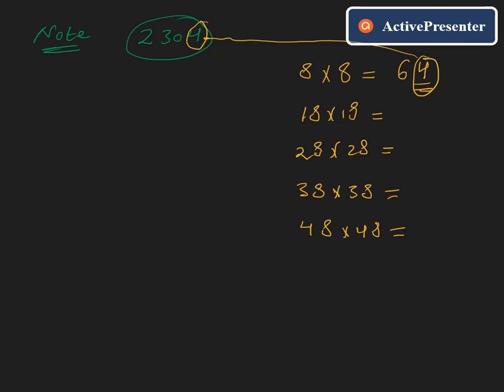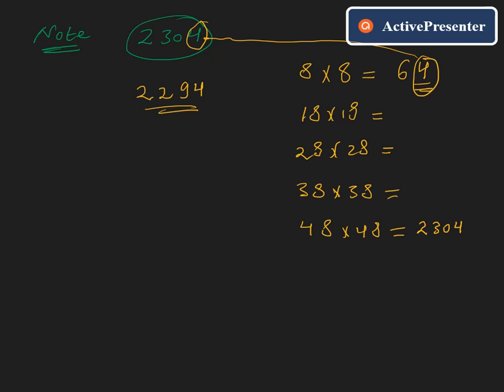Once you finish, you will find that the answer is 2304. What if this number was 2200 and let's say 94? It is not a perfect square.